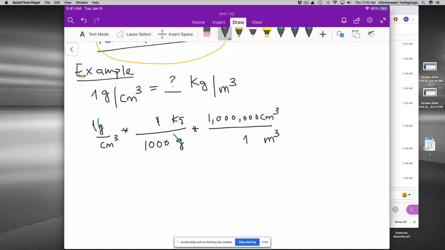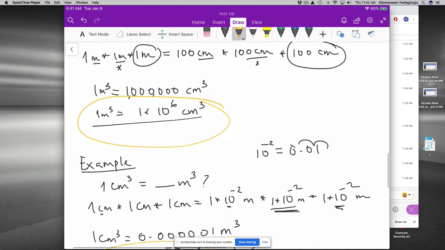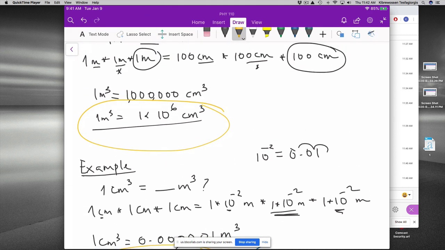For 1 centimeter cube, you have 10 to the power of negative 6 meter cube. Whichever way you want. 1 meter cubed equals 10 to the power of 6.